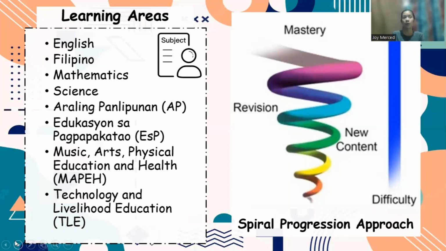However, the other subjects are also taught using the spiral progression approach in the sense that the content and performance standards that are unpacked further into competencies are vertically articulated. What is taught in grade 7 is connected to what is taught in grades 8, 9, and 10.